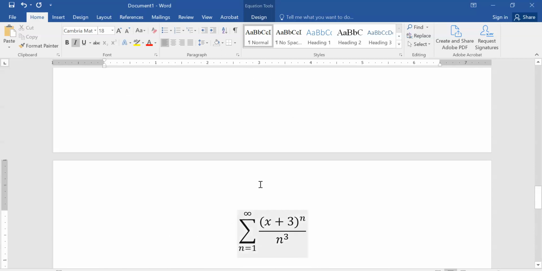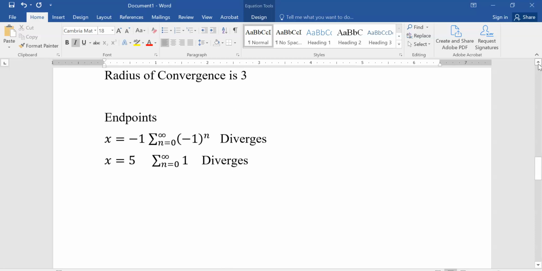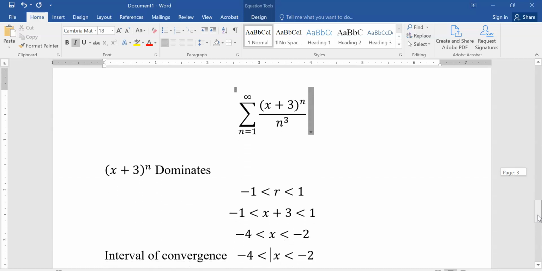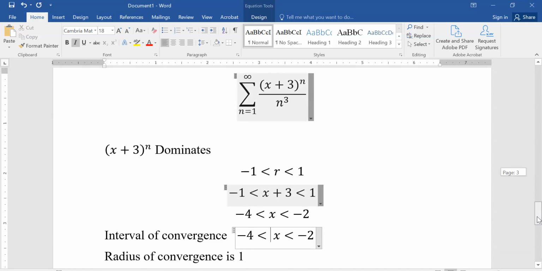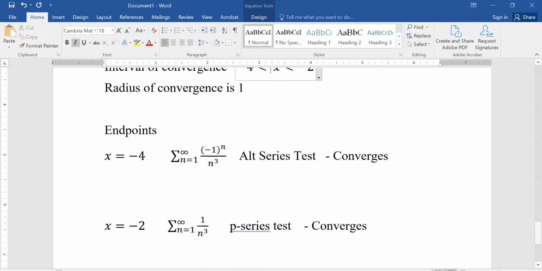Sometimes, like we saw in our last problem, at both of the endpoints the series diverged. And sometimes, like in the problem before this, one converged and one diverged. So there you go. That's how we find the interval of convergence and the radius of convergence once I have a power series.